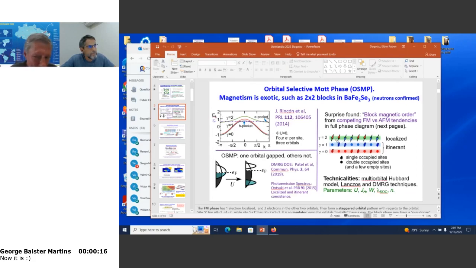So you may be tempted to think that you could dope, for example, one block with a hole and another block with another hole, and they may prefer to be close to one another.